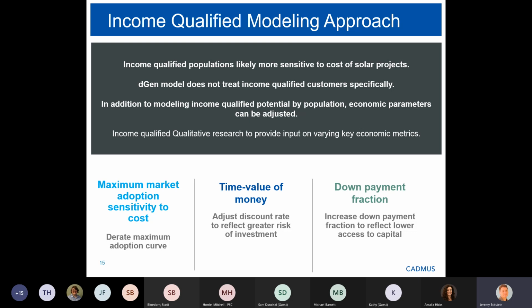Another is the discount rate, and there's already some research that suggests that low-income populations apply a higher discount rate for these types of financial considerations. And then also to decrease the down payment fraction to reflect a lower access to capital.